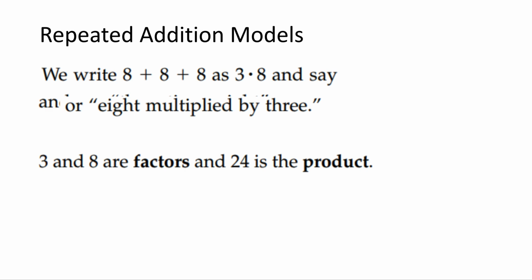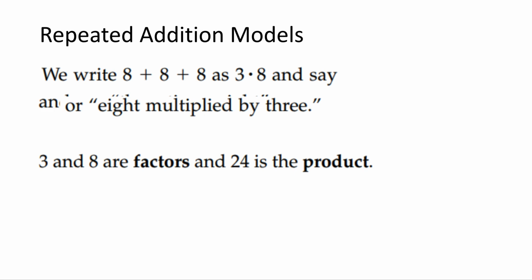In subtraction, if we have 8 minus 3 equals 5, 8 is the minuend, 3 is the subtrahend, and 5 is the difference. In multiplication, we have 3 times 8 equals 24. We call 3 and 8 factors, and 24 is the product, right?